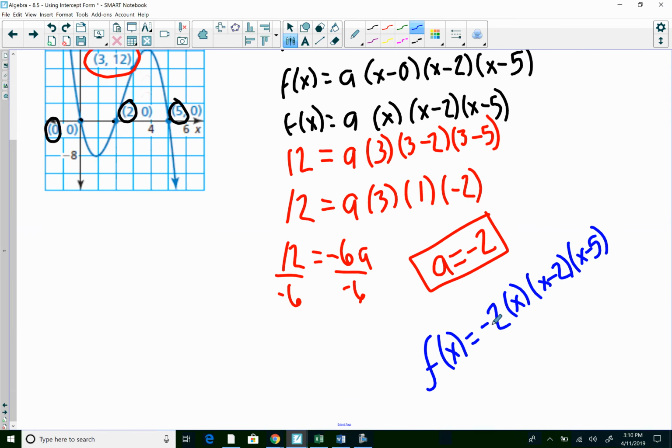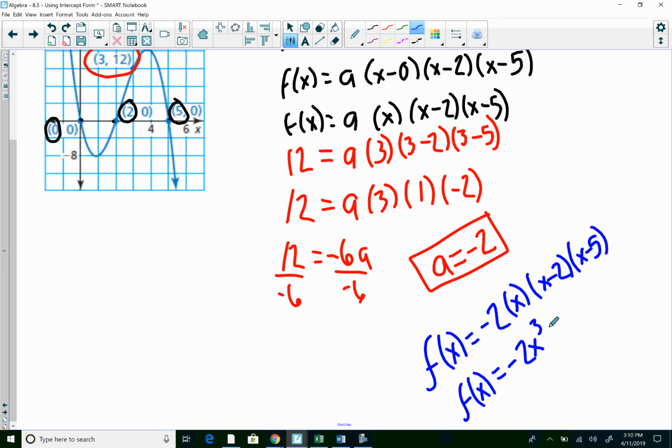And then I believe, looking through your book at what it's asking for, it's going to want it in standard form. So let's just take this to the next step. So this right here would be x squared minus 7x plus 10. So then we would end up with negative 2x cubed, because remember it's a cubic function.